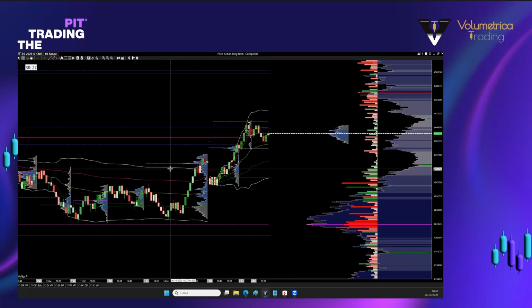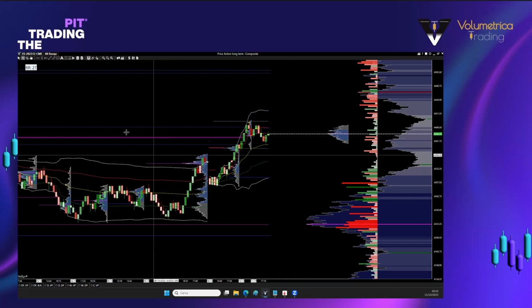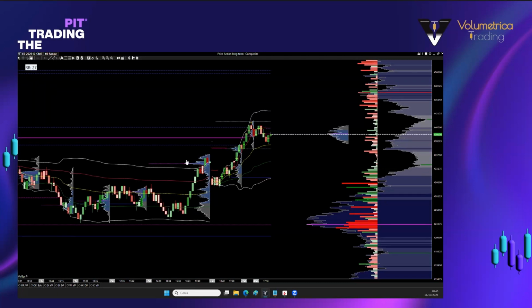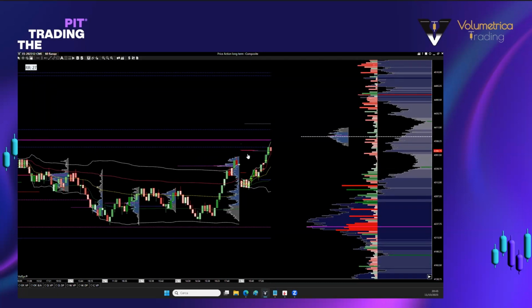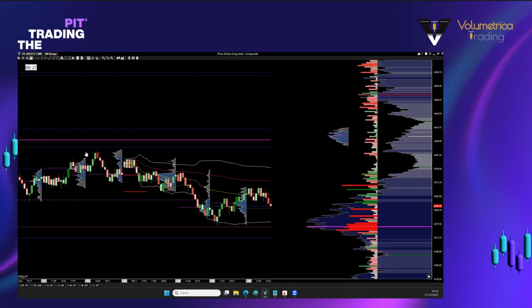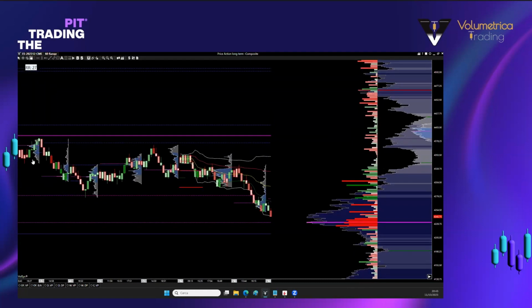Some of you may have noticed that, for example, some bars like this one, it's an up bar since its closing is here, when the new candle opens.